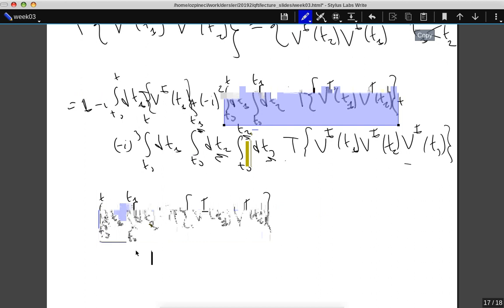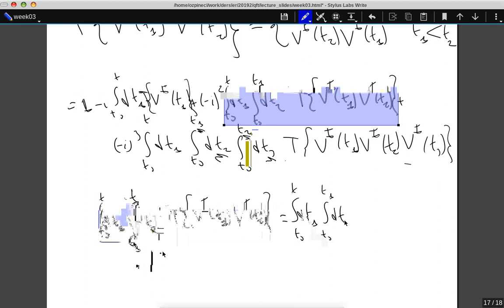Now, what we wanted to add was this term, from t1 up to t. And we had seen that this is actually equal to from t0 to t dt1, from t0 to t1 dt2. Well, the time ordering is still there. Vi of t2, Vi of t1.